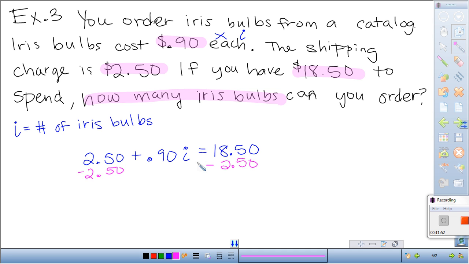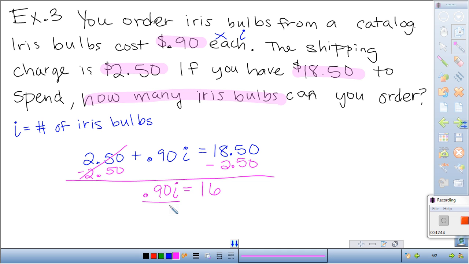We always have to do both sides of the equal sign. $2.50 minus $2.50, those cancel. Bring down your 90/100 I equals $18.50 minus $2.50, just leaves us with 16.